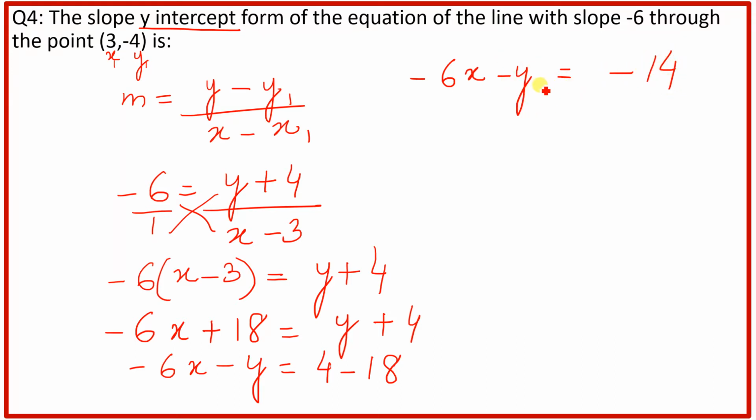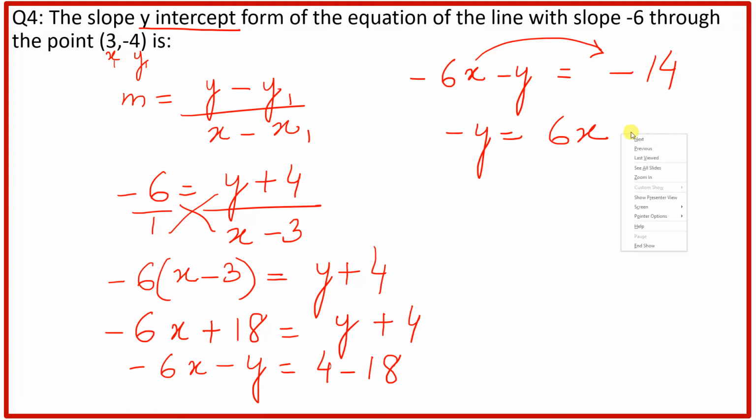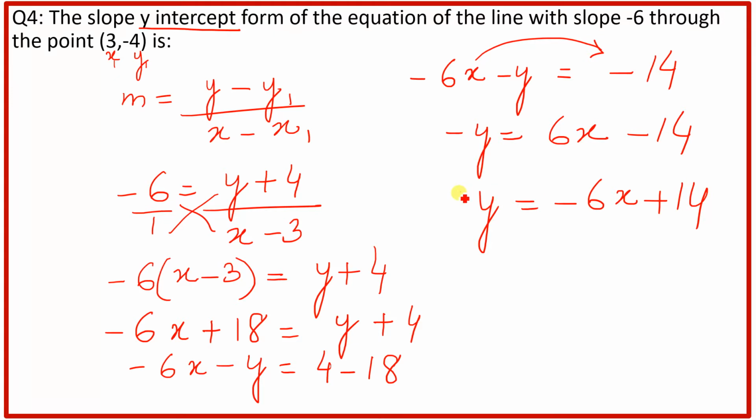But we have to solve this for y. So -y will remain here, and when we take -6x to the other side, it will be +6x, and then -14. Here we multiply both sides by minus, so it will be y = -6x + 14, and this is the y-intercept form.